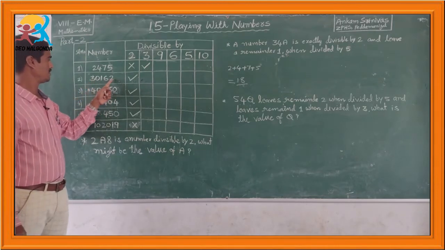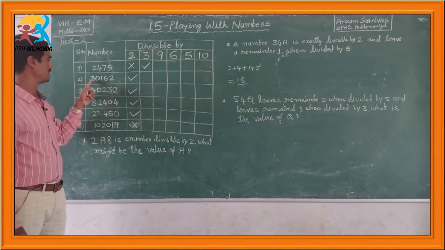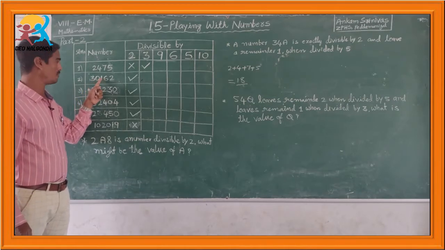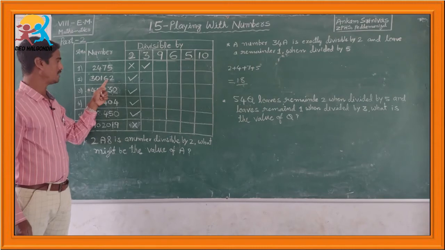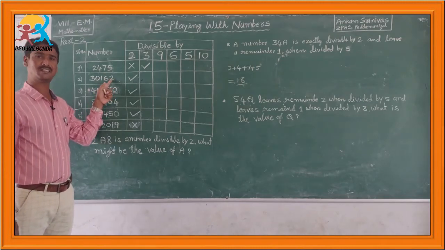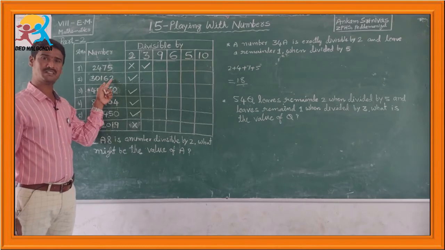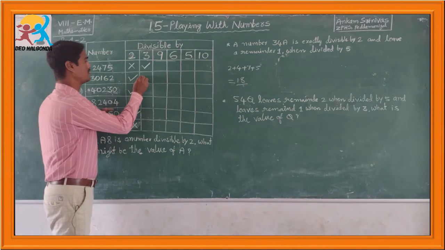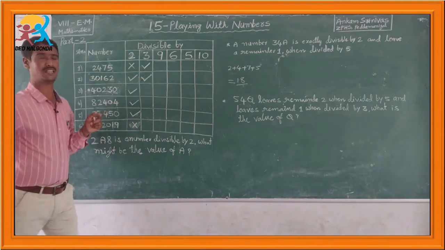And see this one. Do the sum of digits. 3 plus 0 is 3, 3 plus 1 is 4, 4 plus 6 is 10, 10 plus 2 is 12. 12 comes in the 3 table. So 3 fours are 12. So this is also divisible by 3.